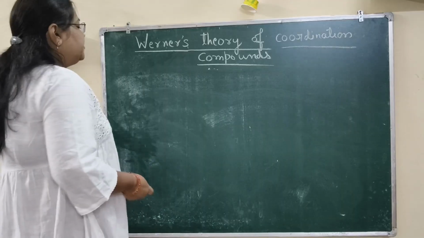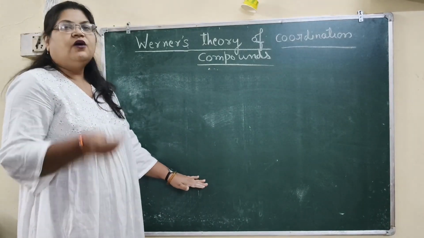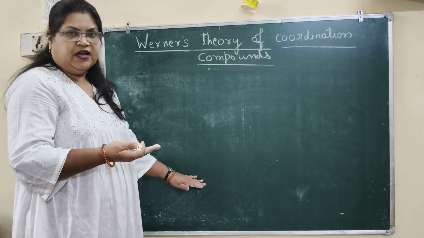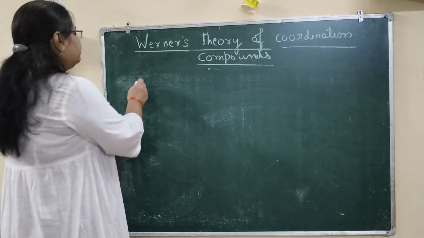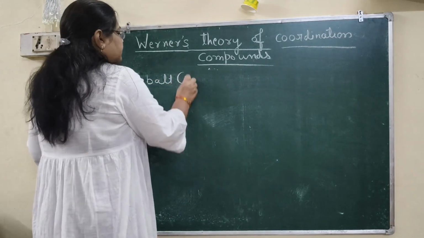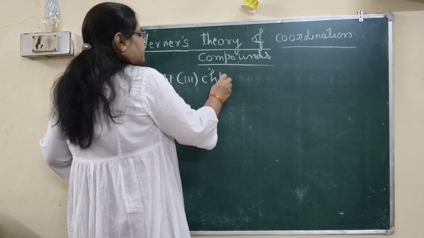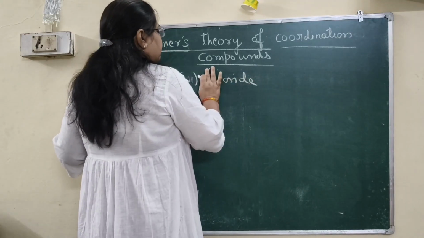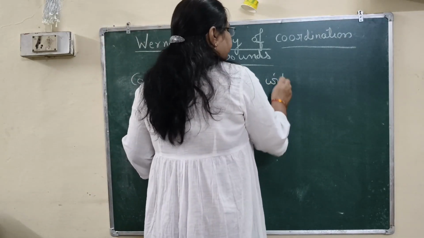We will take a series of compounds of cobalt chloride with ammonia. हम लोग कुछ ऐसे compounds लेंगे जिसमें cobalt chloride होगा, cobalt chloride with ammonia.